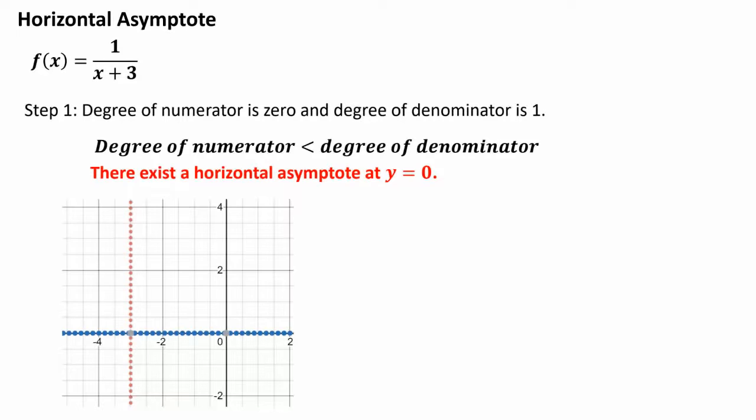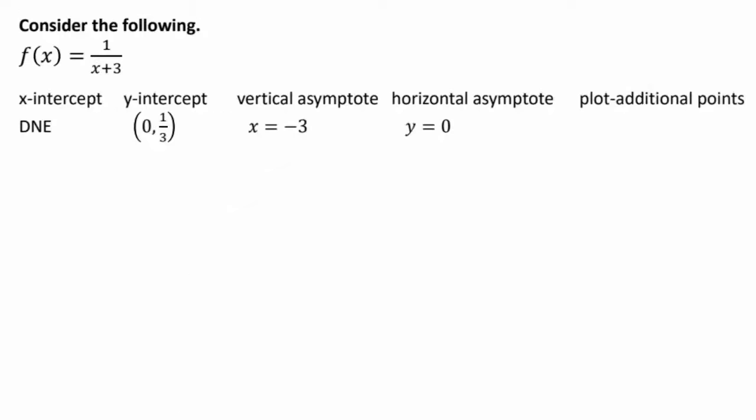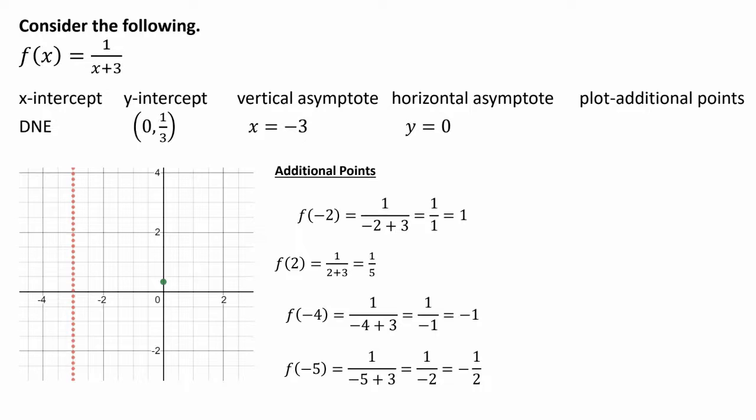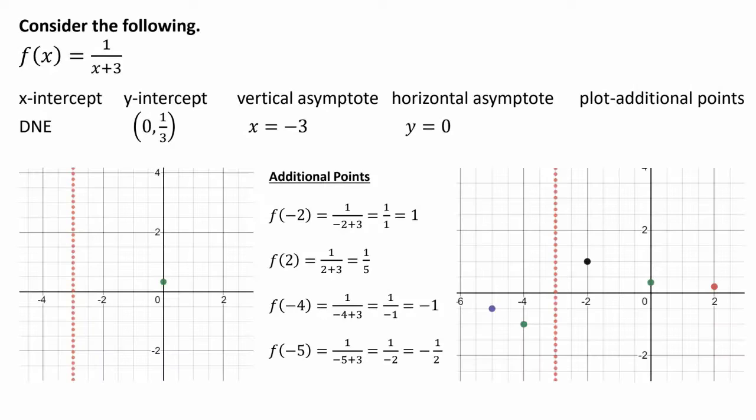Now, if I wanted to graph this, we have this information. We know that it doesn't cross the x-axis. It has a y-intercept, a vertical asymptote, and a horizontal asymptote. If we want to graph this, we would need some additional points as well. So let's plug in what we know. We know the y-intercept here at 1/3. For additional points, I'm just picking -2 and 2 to give me a better sense of what I'm looking at.